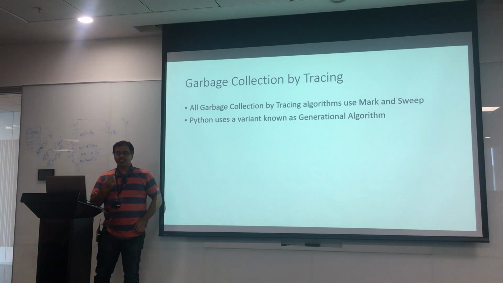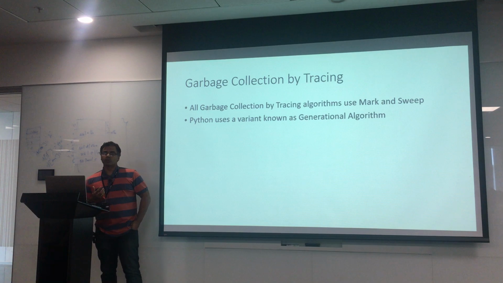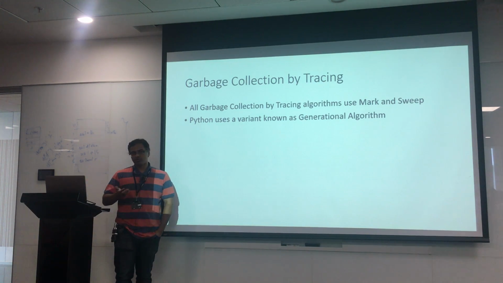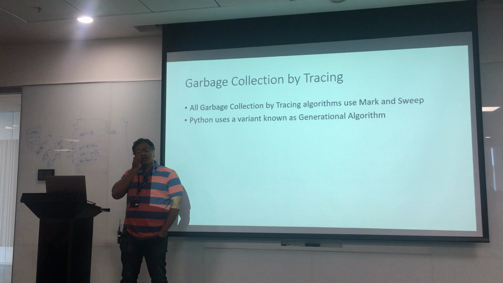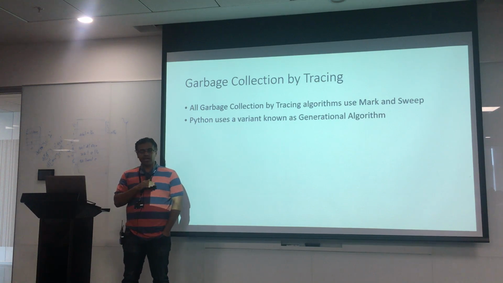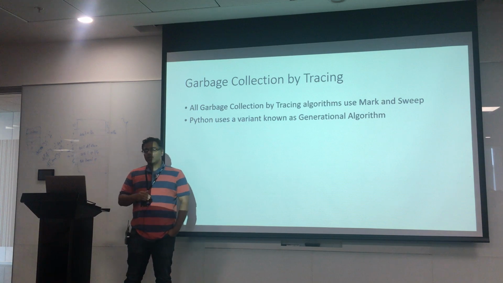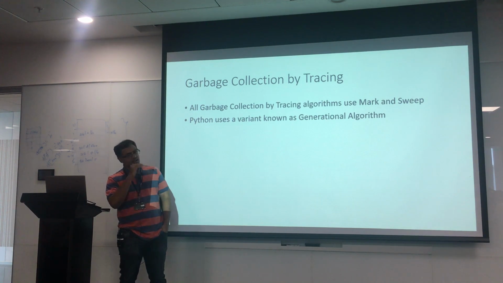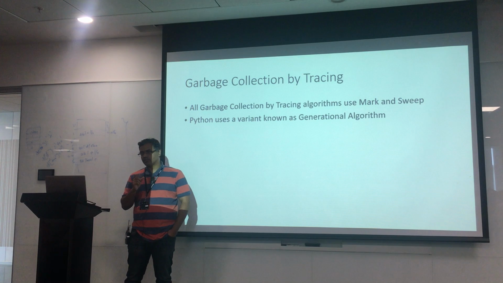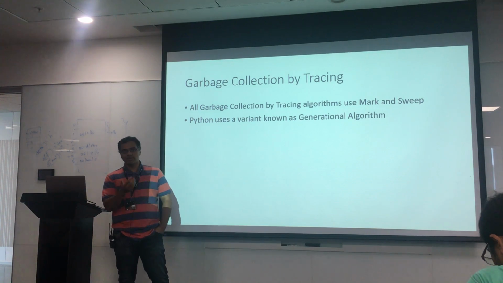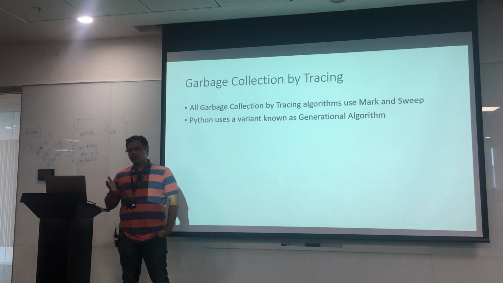This is the basic method used by Java and C#. A lot of the compiled languages tend to use this kind of garbage collection. There are different variants of garbage collection by tracing, so there are different kinds of tracing algorithms.